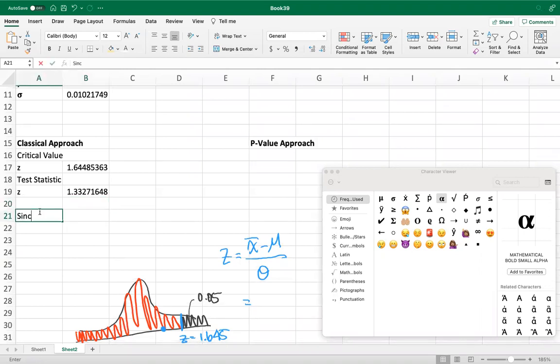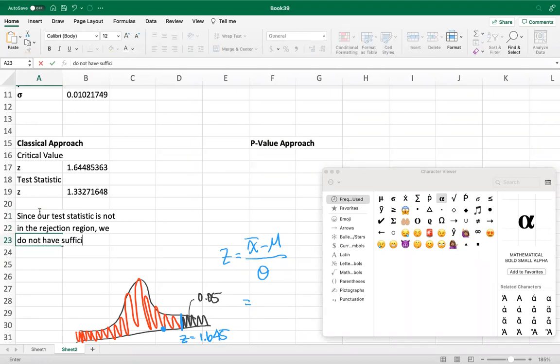So since our test statistic is not in the rejection region, we do not have sufficient evidence to reject the null hypothesis.